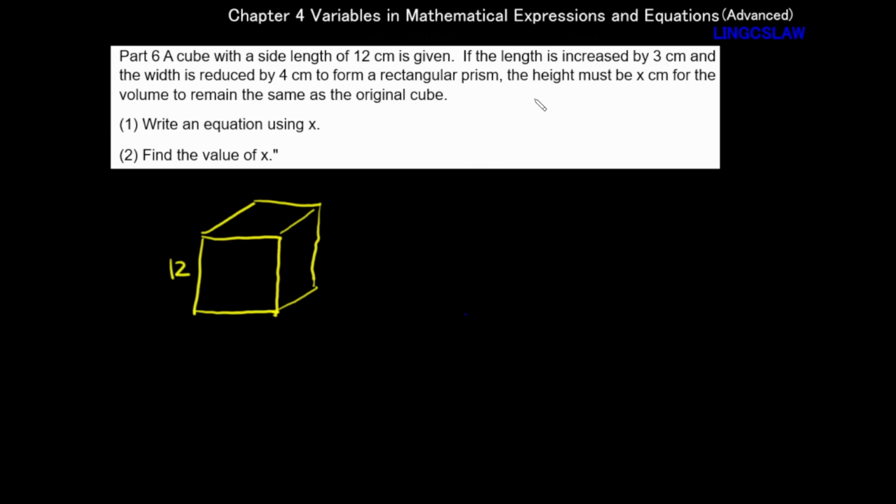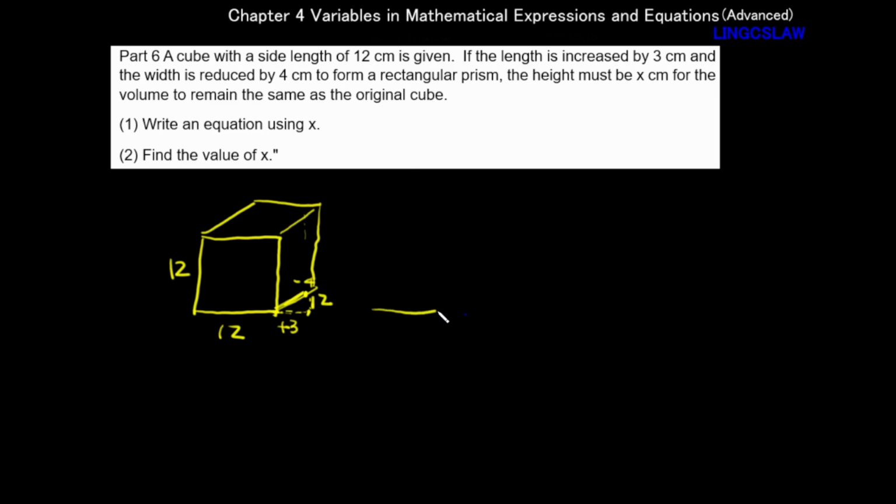If the length is increased by 3 and the width is reduced by 4, so length, width, okay, let's say this is length, so length is increased by 3, and the width, let's say width is this one, so this is 12 but reduced by 4, to form a rectangular prism.